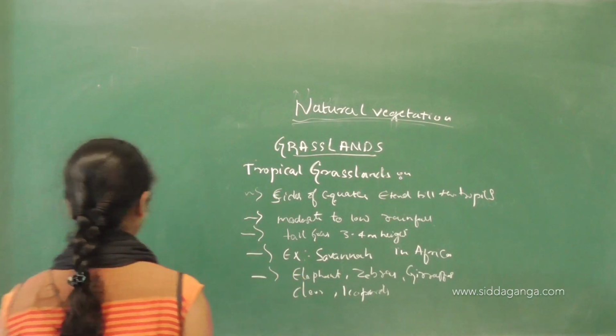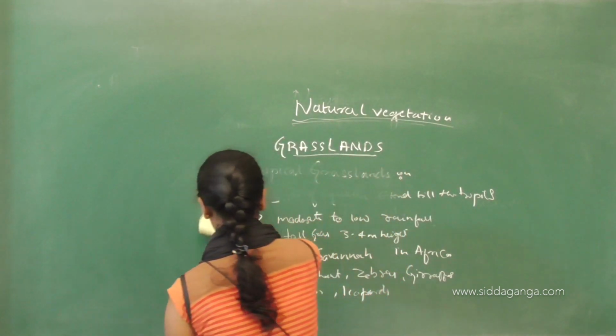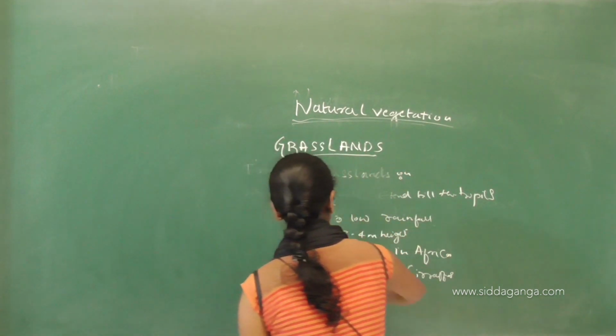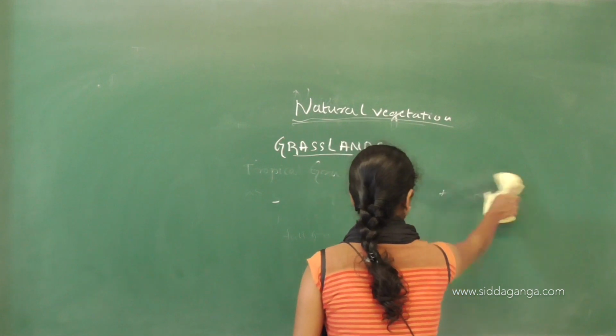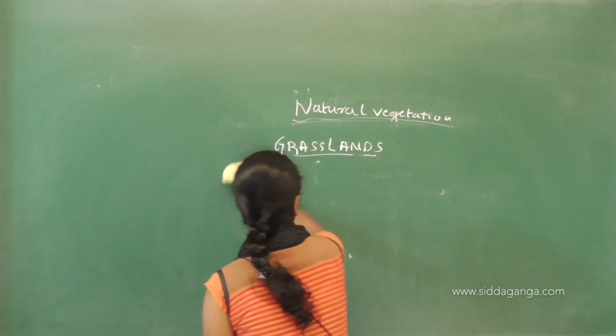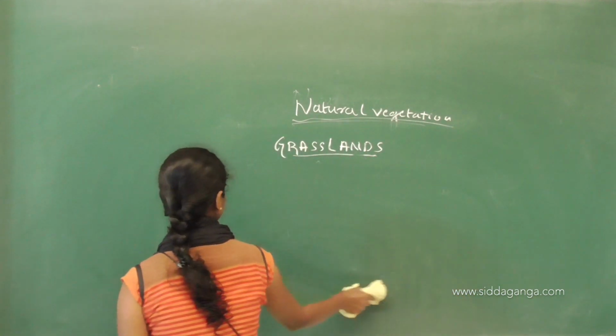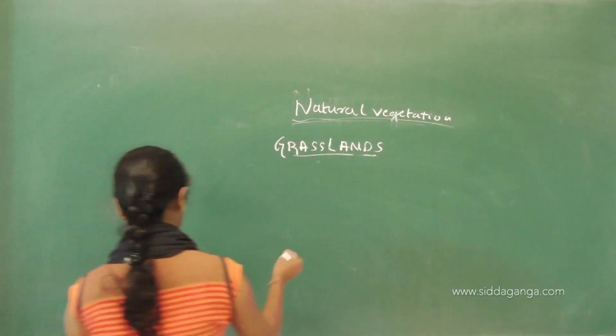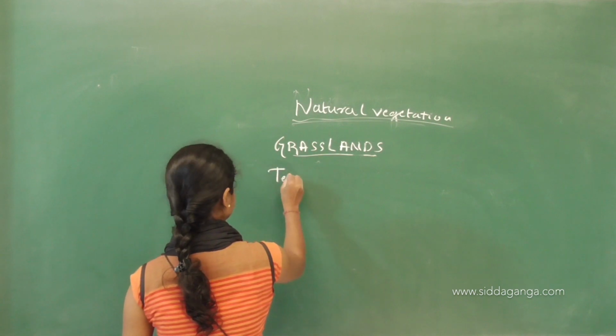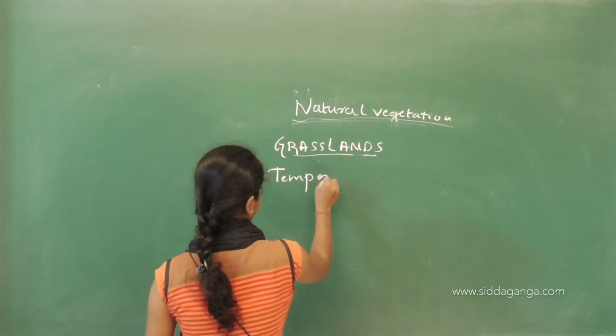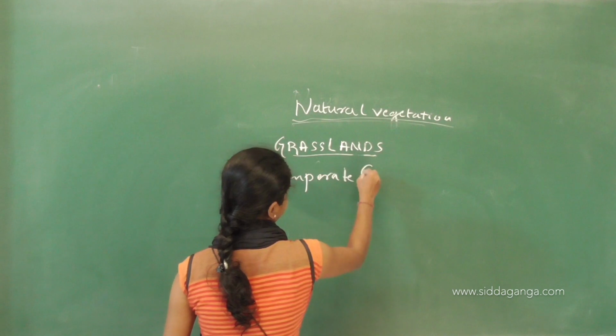Okay, then the next grassland is temperate grassland. Now we are going to see about the temperate grassland.